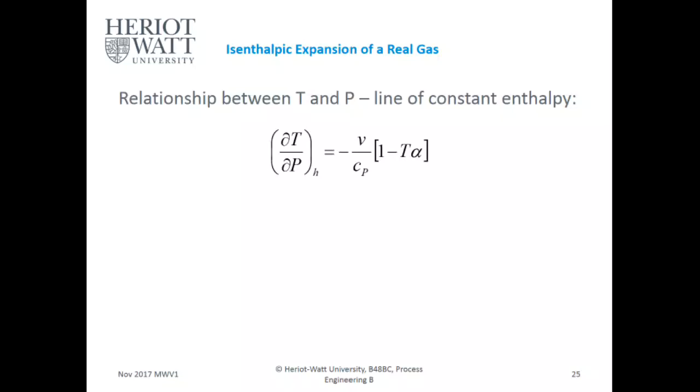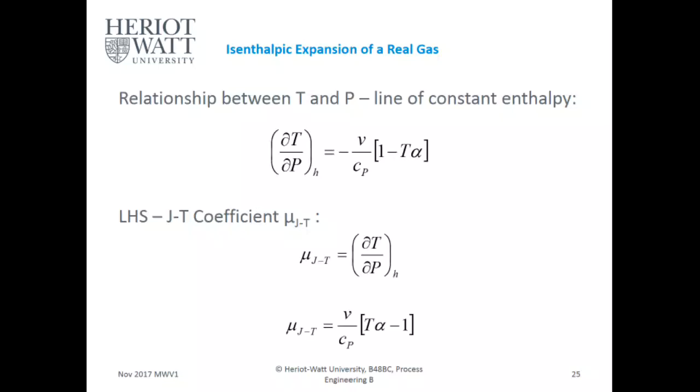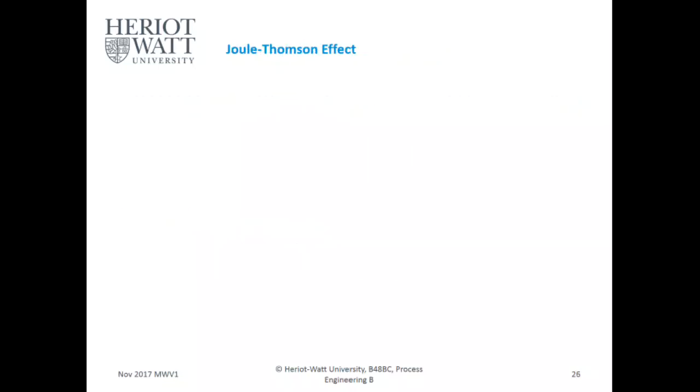You got alpha earlier. Hence, the Joule-Thomson effect coefficient is the minuscule change in temperature over the minuscule change in pressure at constant enthalpy. And from that, you define the Joule-Thomson coefficient as V over Cp multiplied by (T alpha minus 1). Now, remember the T alpha minus 1, and you can define the Joule-Thomson effect from that.